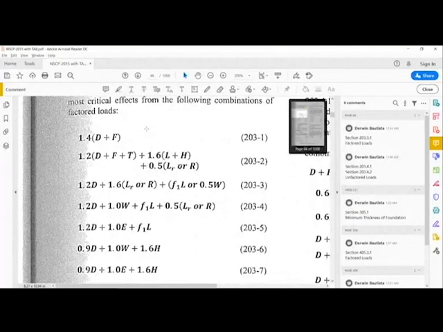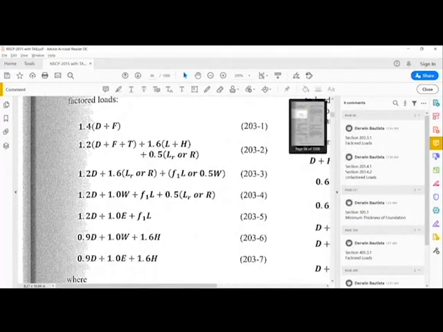Okay, so dito siya nanggaling. If we remove all the loads except for the dead load and the live load, so x natin yung F, x yung T. So ang matitira lang 1.2 dead load plus 1.6 live load.